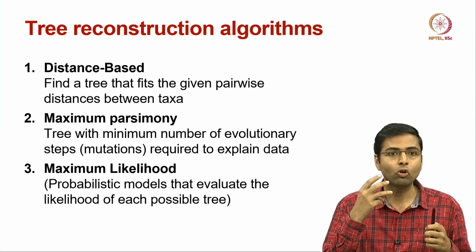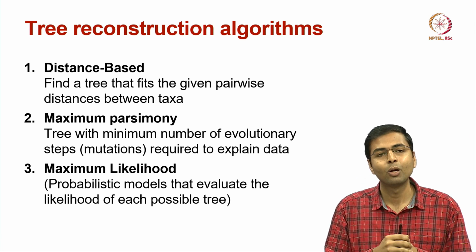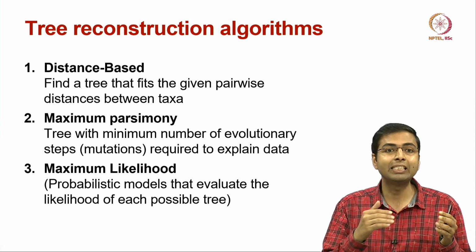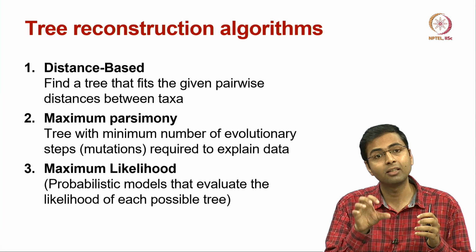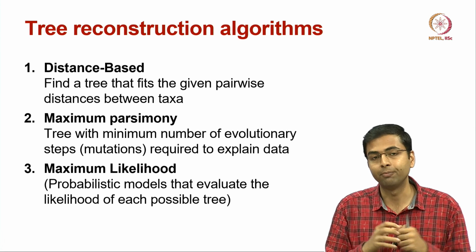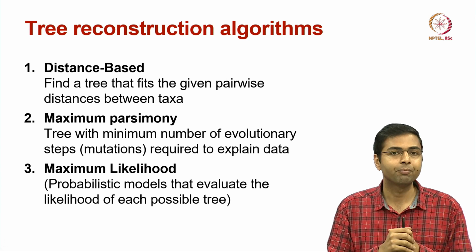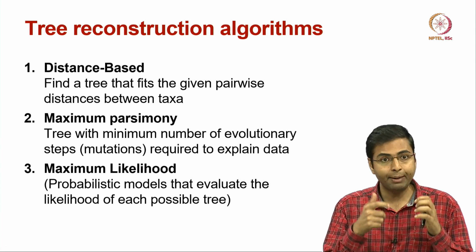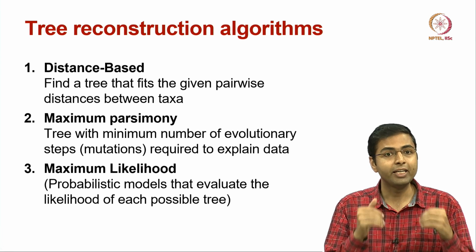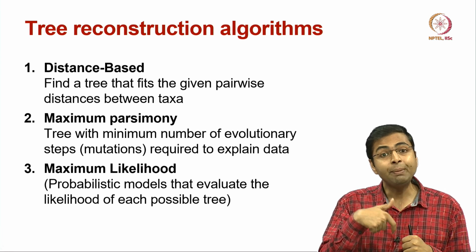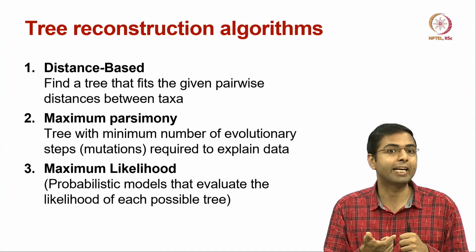There are 3 common types of methods. The first one is distance based, where you are given pairwise distances between all taxa and you have to find a tree that fits those distances as best as possible. The second type is maximum parsimony, where, as the name suggests, you are looking for a tree which involves the minimum number of evolutionary steps to explain the given data.